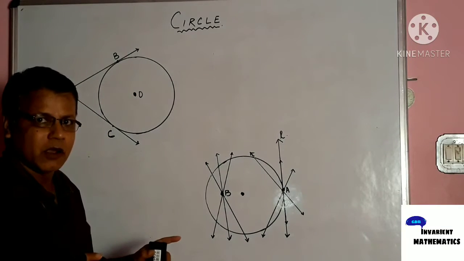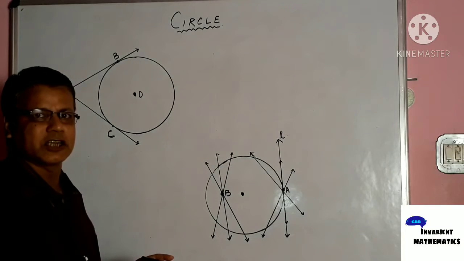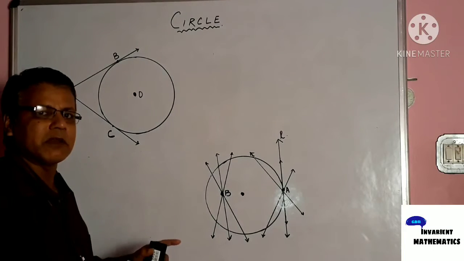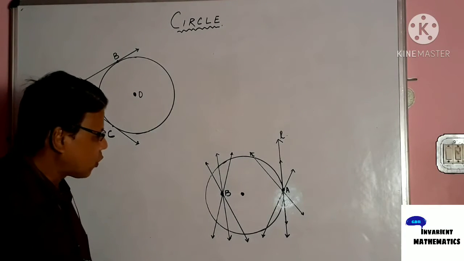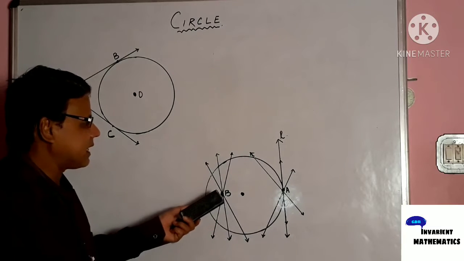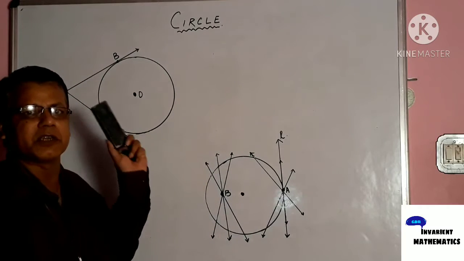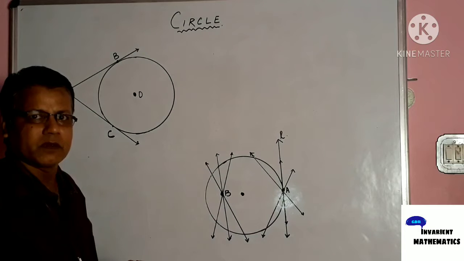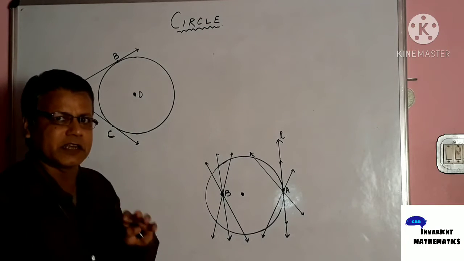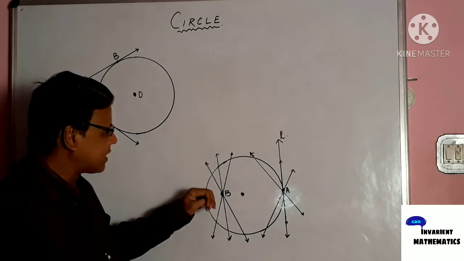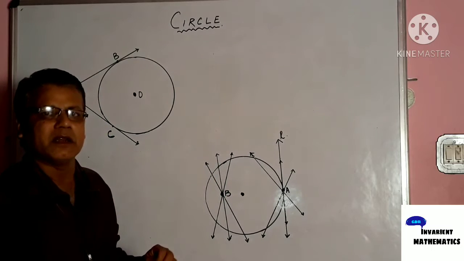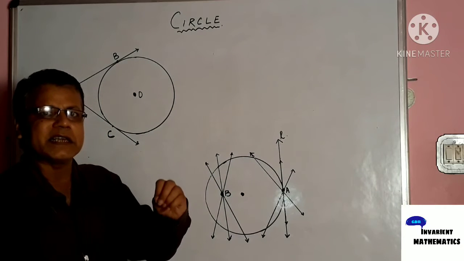That means all the lines are secants. So there will be no tangent through a point that lies in the interior of the circle. That means we reached the conclusion that through an interior point of a circle, no tangent can be drawn.